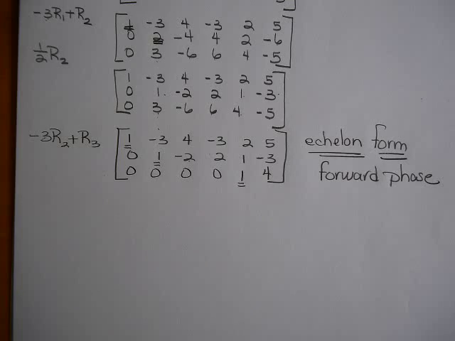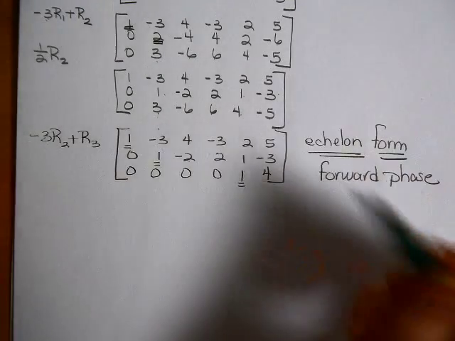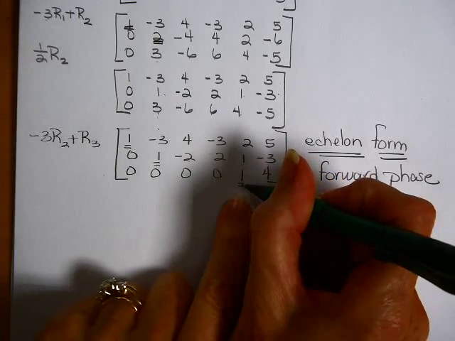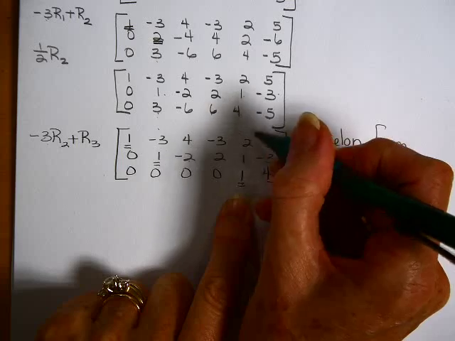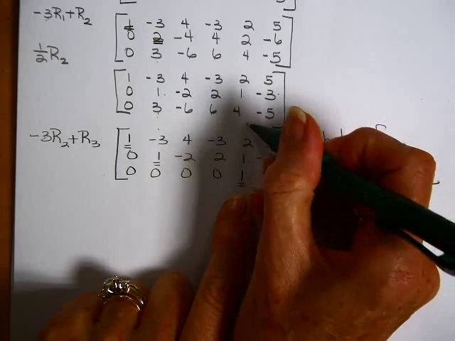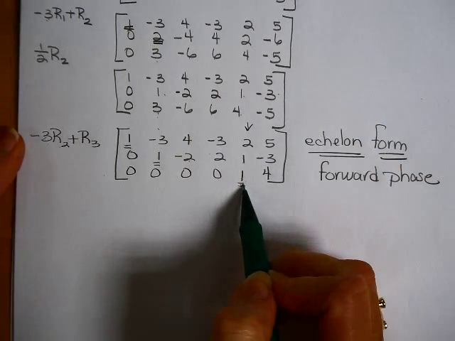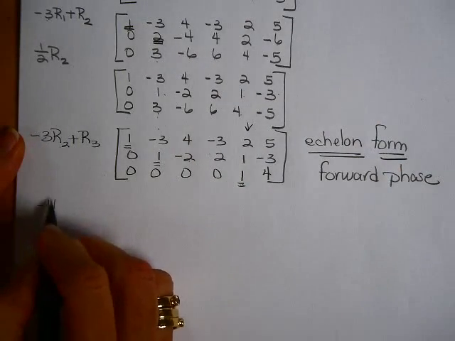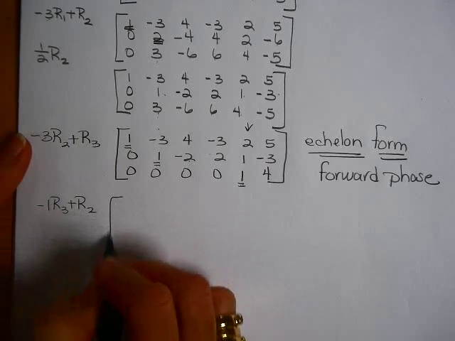I've got my 1s, so I need to get zeros above them, and to work backwards, you start at this last pivot and get zeros above it. So going down here, I need to turn these into zeros. I'm going to multiply -1 times row 3 and add it to row 2. So now I'm working back up.